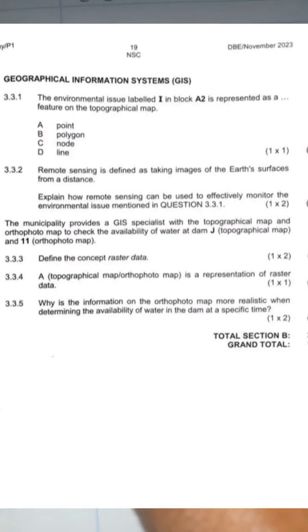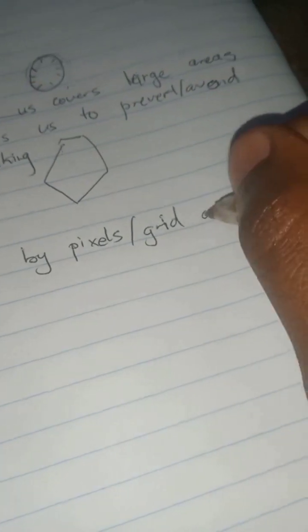Raster data, guys: data represented by pixels or grid of cells. Grid of cells. Okay, so that should be it. That is what raster data is, guys. Or represented by pictures or images.